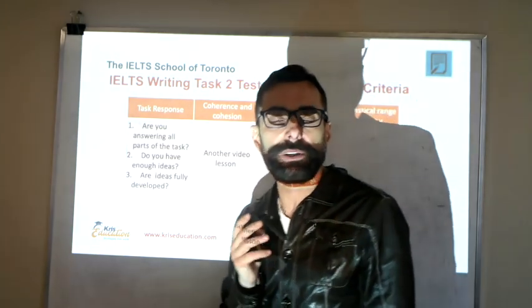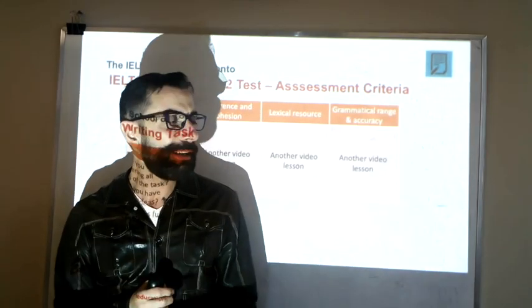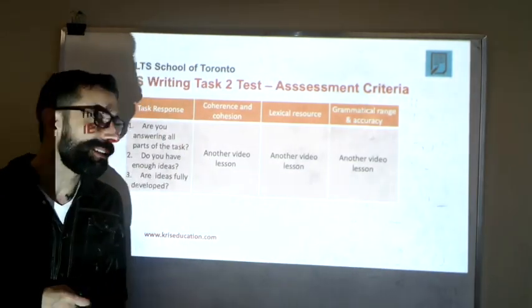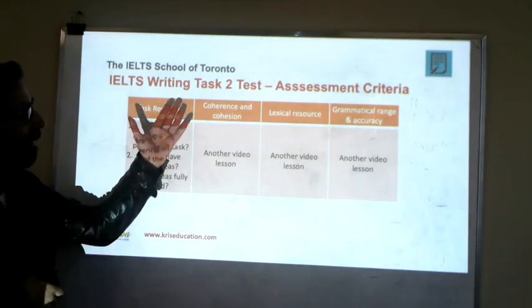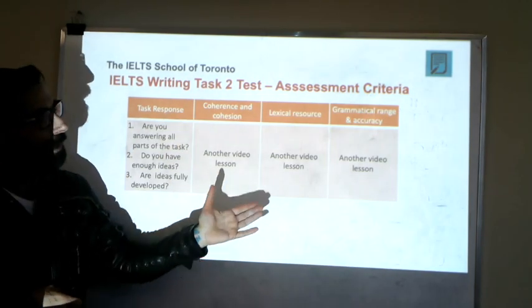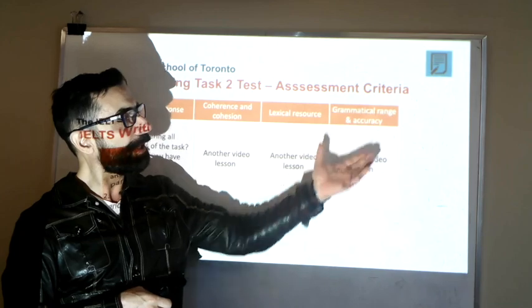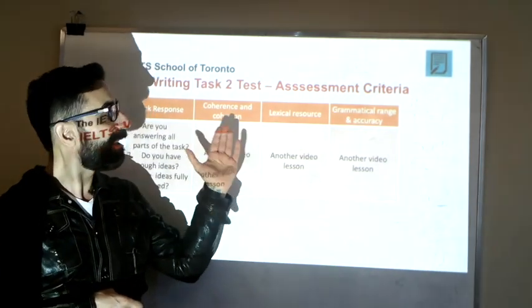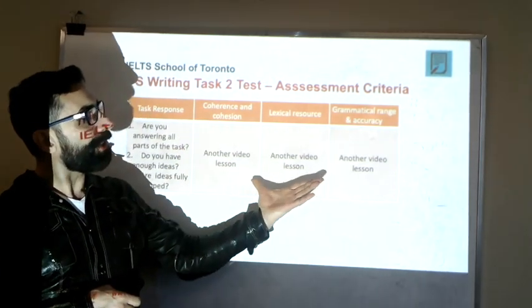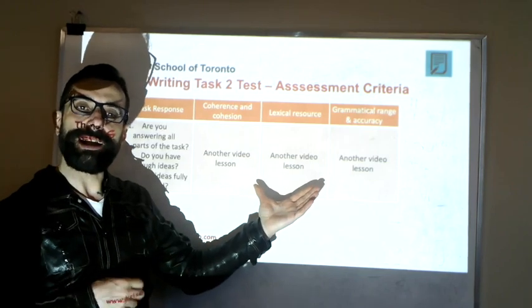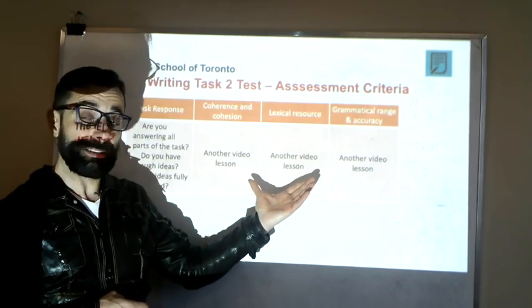Examiners do use 4 main assessment criteria to assess your performance in writing: task response, coherence and cohesion, lexical resource, grammatical range and accuracy. The other 3 criteria we will cover in other video lessons.